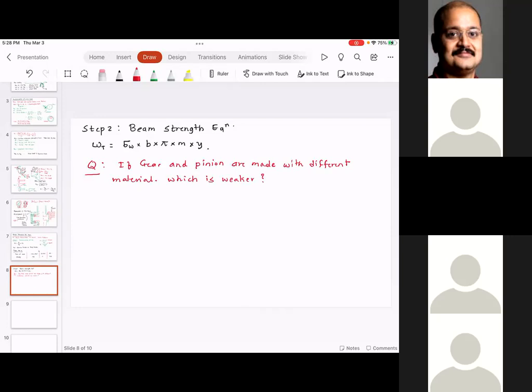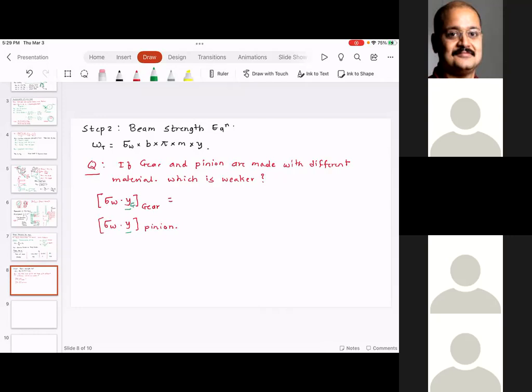So clearly we want to design the element which is weaker. This is what we are going to do. We are going to find out sigma W times Y for gear, and then sigma W times Y for pinion. One thing to understand, the value of Y is dependent on the number of teeth, so Y for gear and Y for pinion are going to be different.